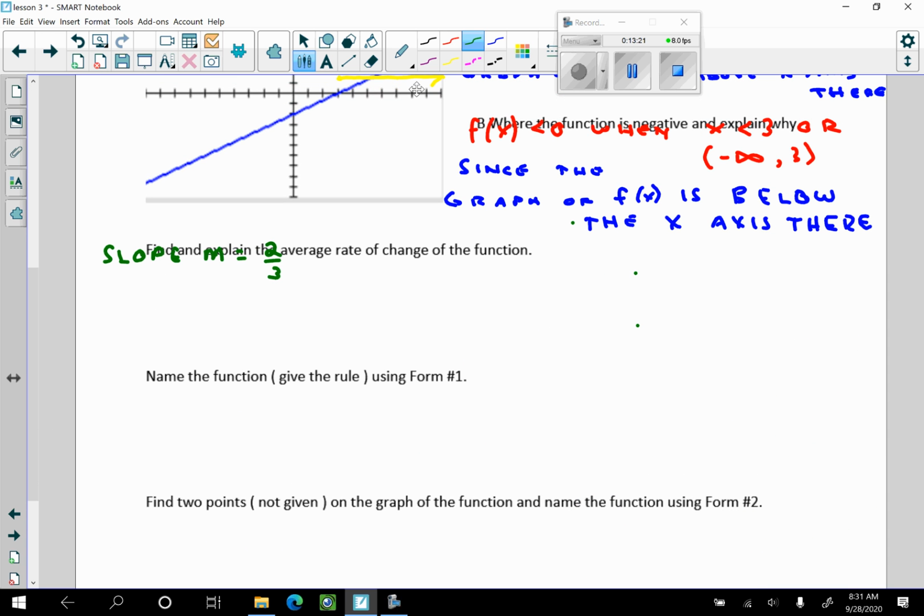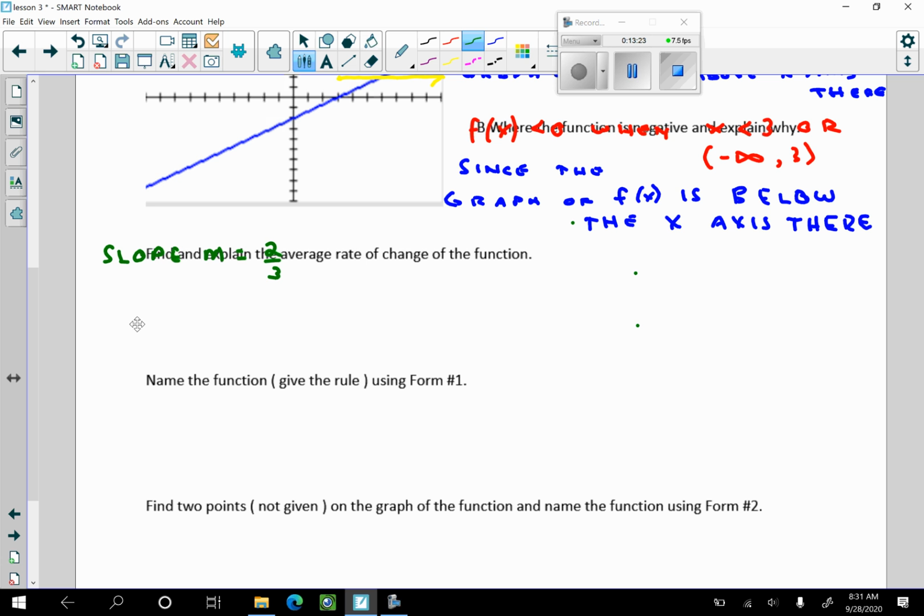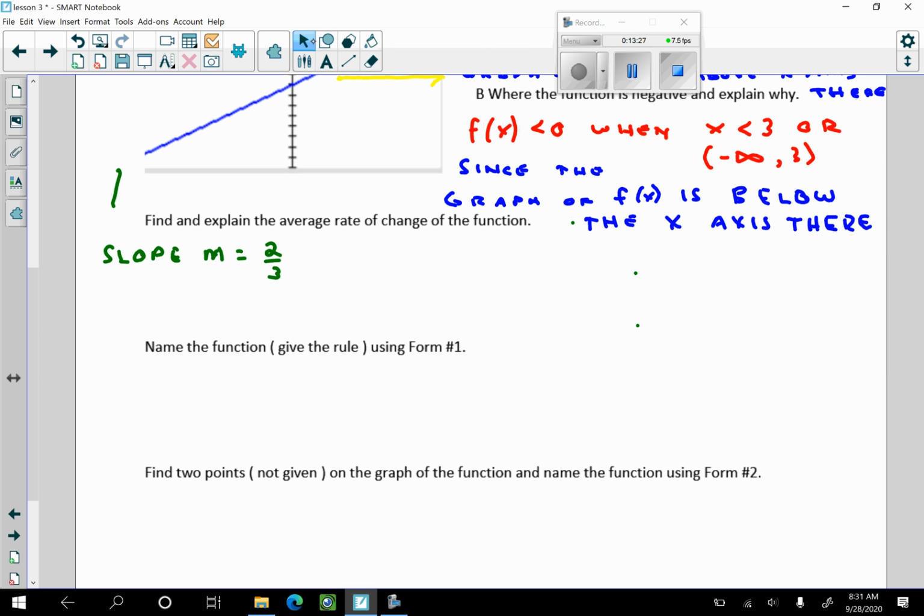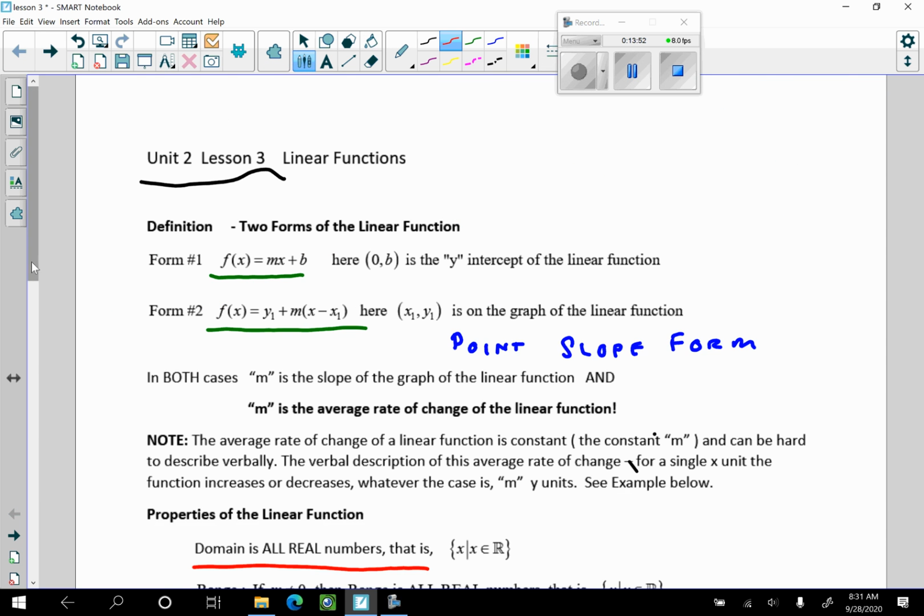On average, this is positive, 2/3 is positive. The function increases. How did I write that? I'm getting mixed up here. I want to follow the model.